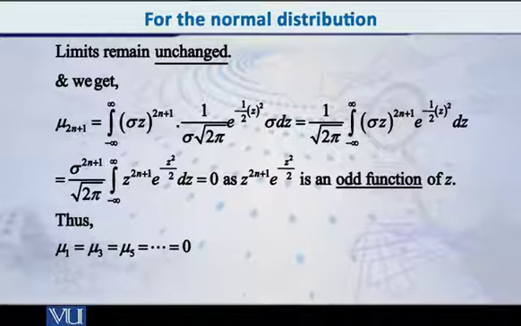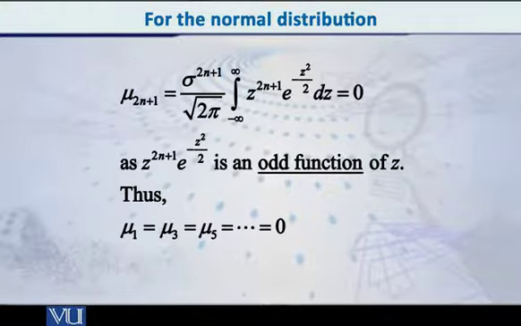So because it is an odd function, we can apply the simple rule that the integral of an odd function from minus infinity to infinity, or from minus a to a, where a can be any number, is equal to 0. So therefore, what is the final result?